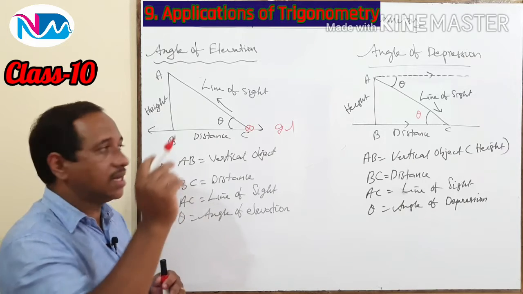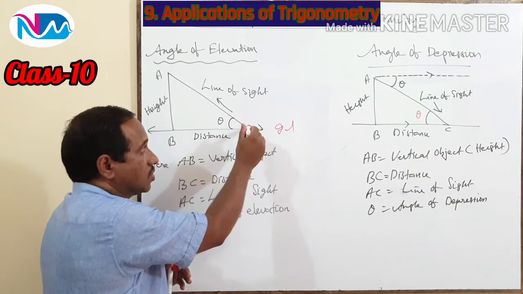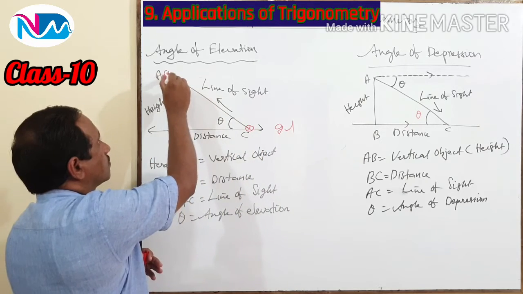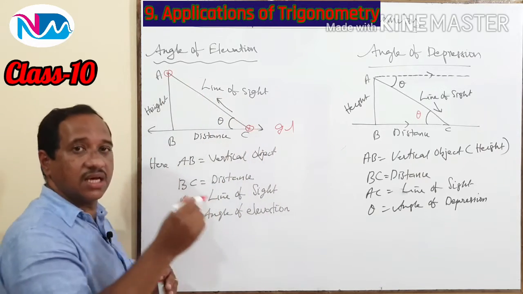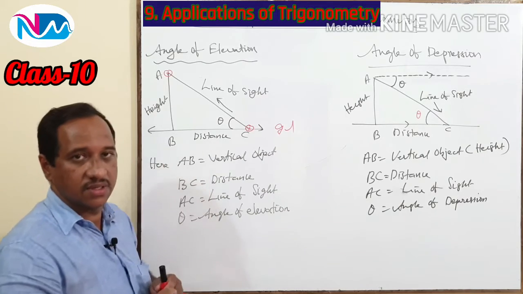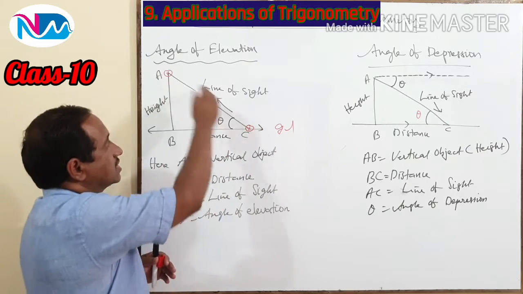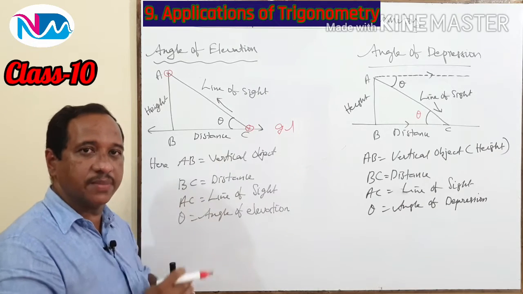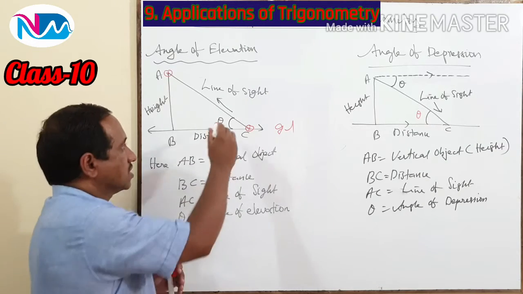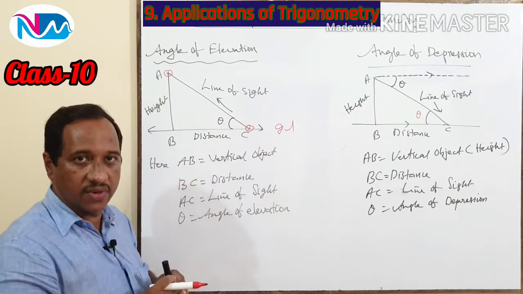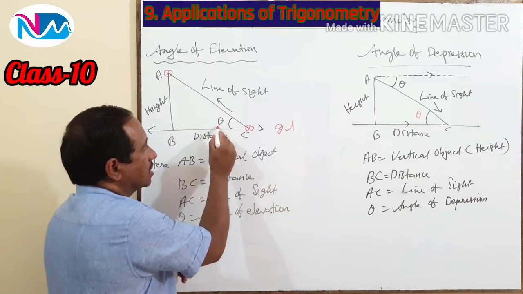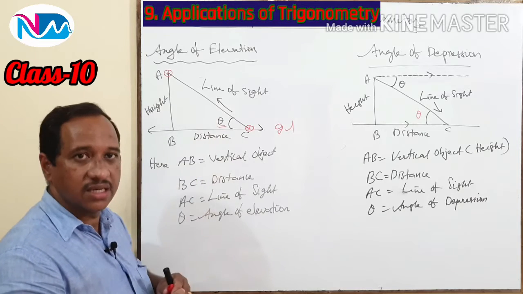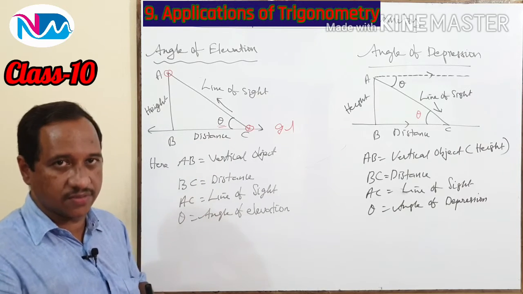Just imagine a line which goes from the ground level to the top of the tower, which is the line of sight. Here AC is the line of sight. The line of sight always makes an angle with the horizontal ground level, which is marked theta. Here theta is the angle of elevation.